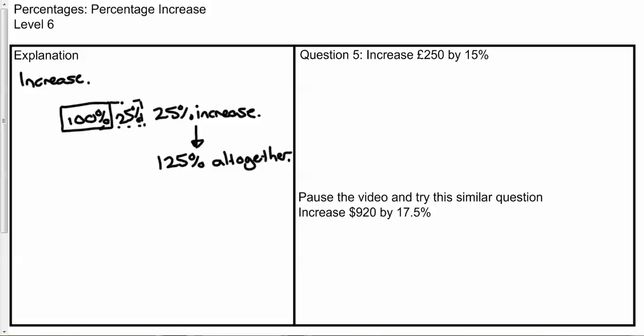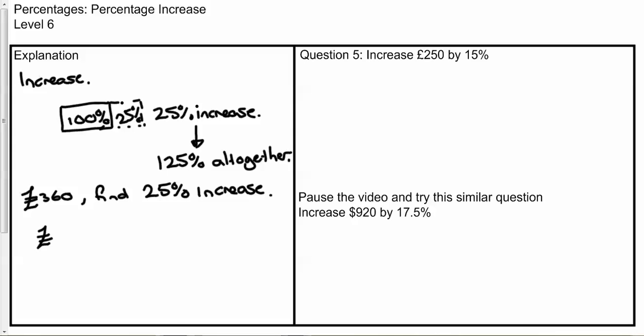And that's the idea that we're going to use to find a quick calculator method of finding a percentage increase. So if I take my trusty £360 and I want to find a 25% increase, then what I'm looking to find is the whole amount plus 25% of it added on. Therefore, the complete amount will be 125%.